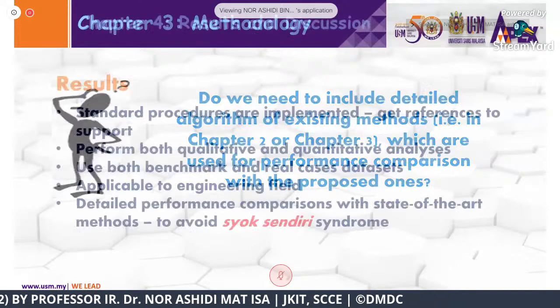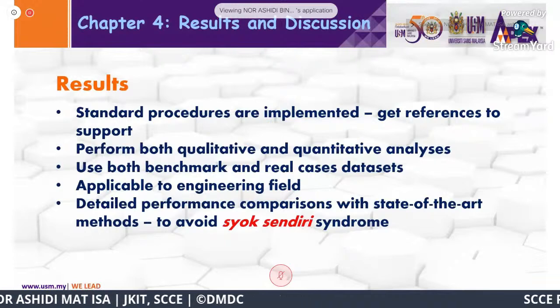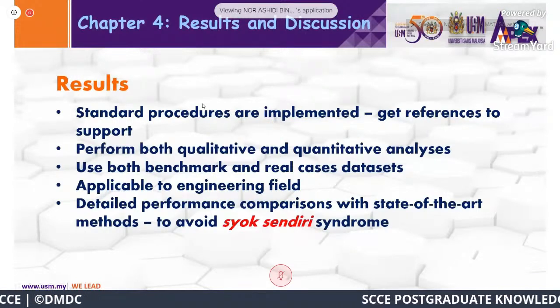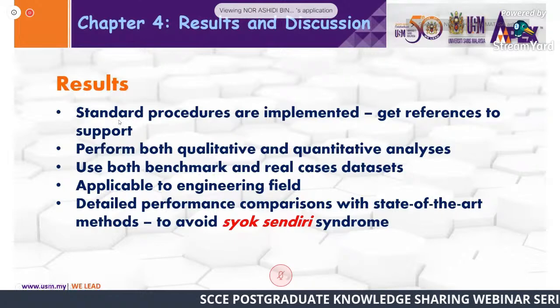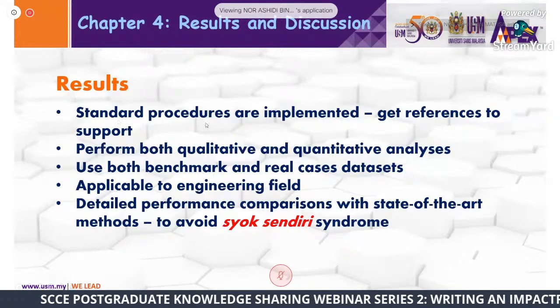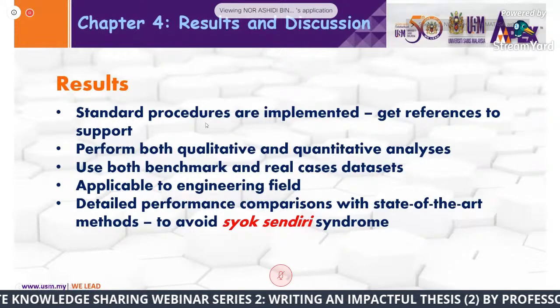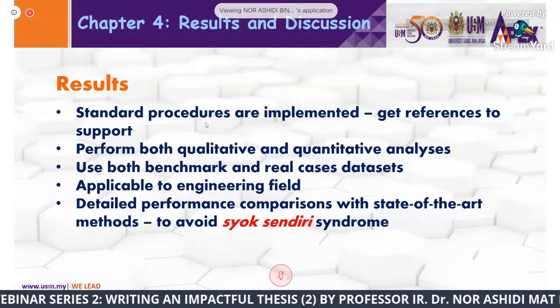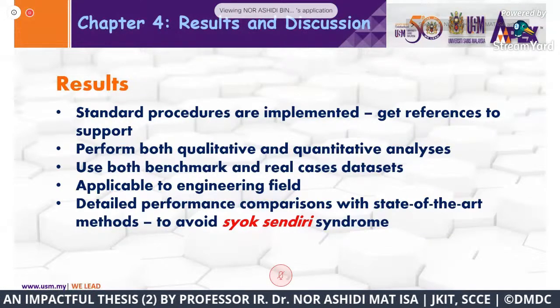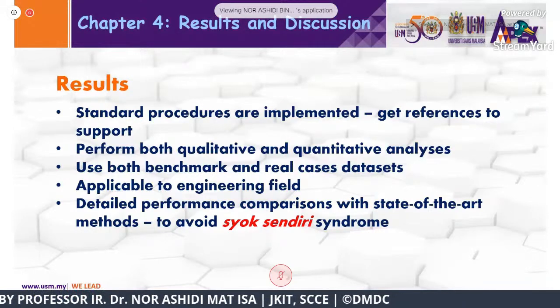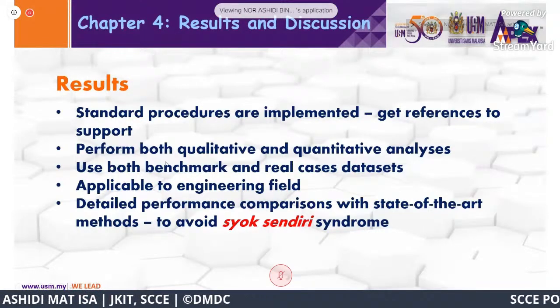Result and discussion. After you do the methodology, you must use the standard procedure. You have to know the standard procedure used, which must be similar to other works, because you want to do a comparison with them.